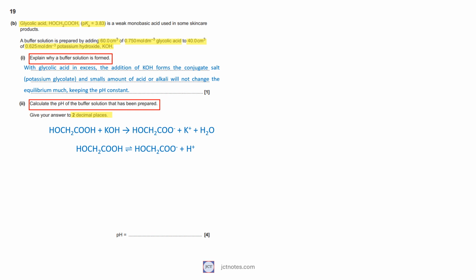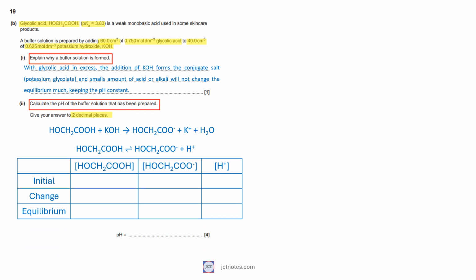Now, we need to find the initial concentrations, the change in concentrations and the concentrations in equilibrium of the different species of the equilibrium. As we are mixing 60 cubic centimeters of glycolic acid with 40 cubic centimeters of potassium hydroxide, assuming that the volumes are additive, the final volume that we have is 100 cubic centimeters, or 0.1 cubic decimeters.